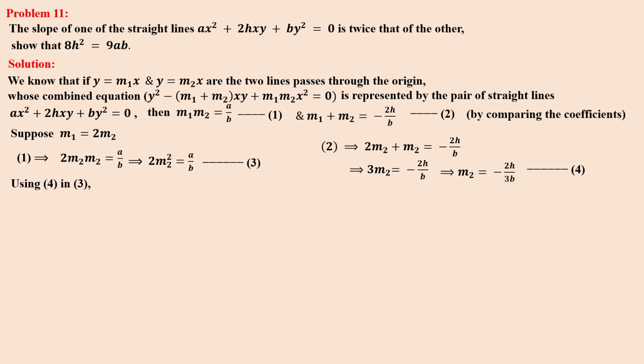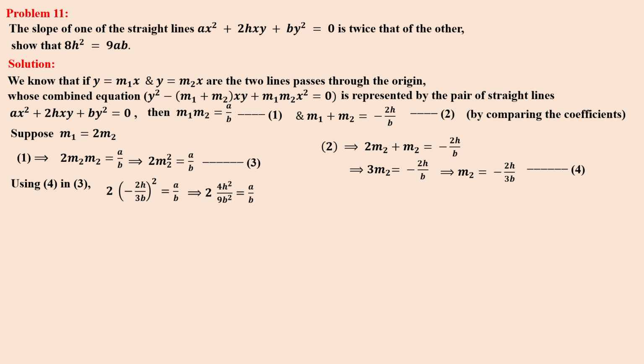Now using 4 in 3. In 3 we have 2m2² = a/b. So we substitute m2 = -2h/3b in equation number 3: 2 into (-2h/3b) whole squared equals a/b.